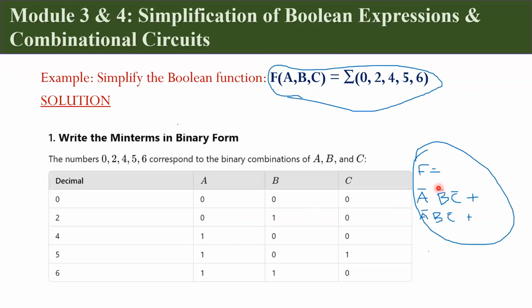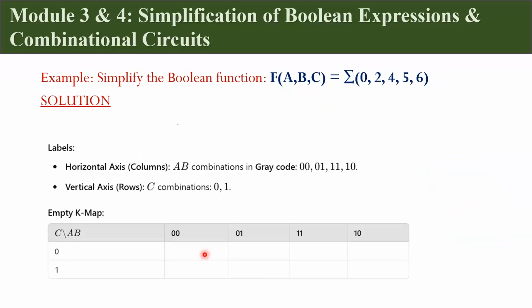Look at it. This very first one, A bar, B bar, C bar, put together. So coming to these cells now, where will A bar, B bar, C bar be? The first one, because this is 0, the first one at the top. So this is where we will have our 1 to start with.